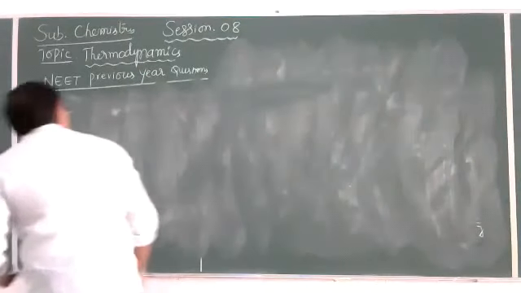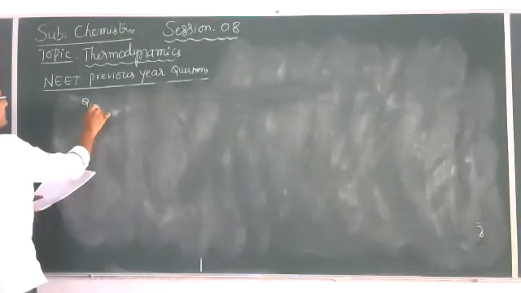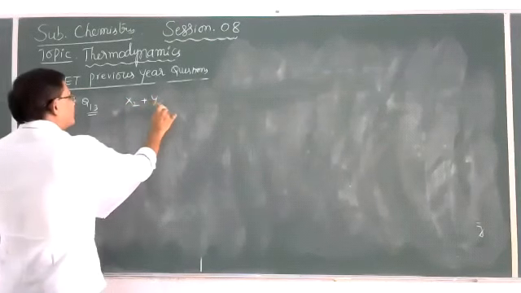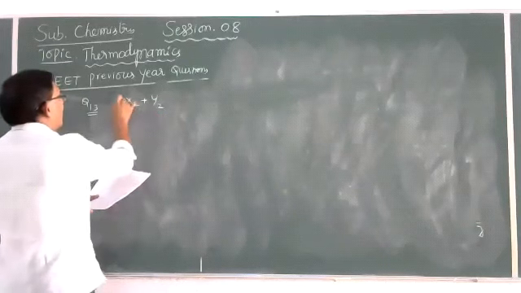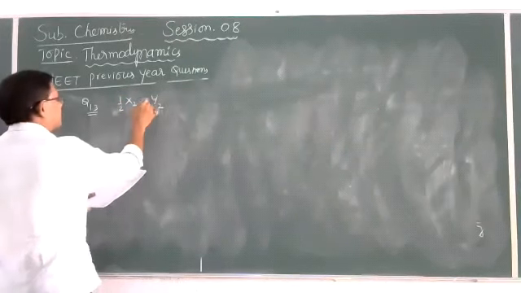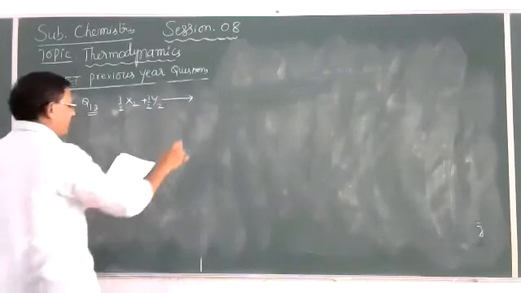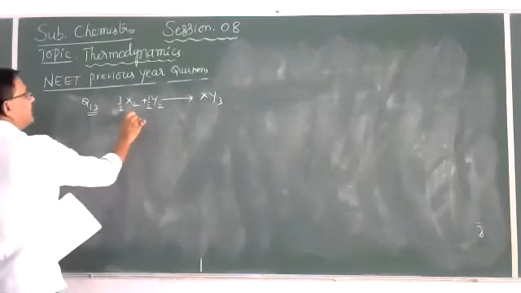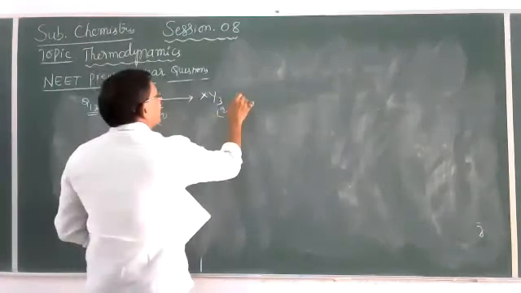Question number 13: 1 by 2 X2 plus 3 by 2 Y2 gives XY3.